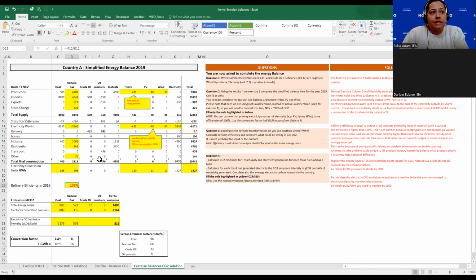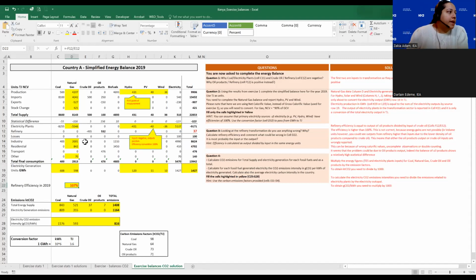It means that either your oil products output or your crude oil inputs are wrongly reported. And this can be due to several reasons. You could have used wrong calorific values, you could have incomplete observations when collecting data, or maybe you double counted something.